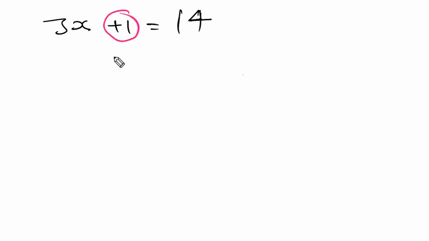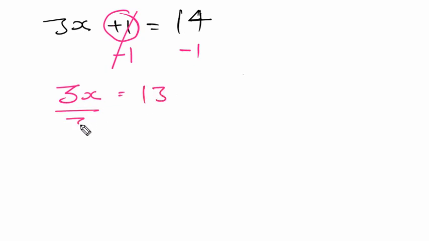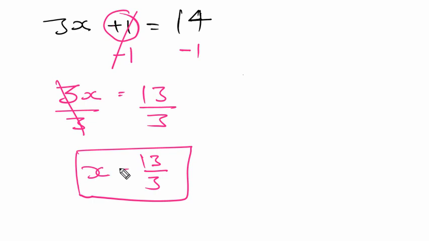To remove this plus 1, we will do minus 1 both sides. This is cancelled out. 3x is equal 14 minus 1 is 13. Now this is a multiplication one, so you will divide by 3 both sides. X is equal 13 over 3. That is your answer. So that's how you solve a multi-step equation.